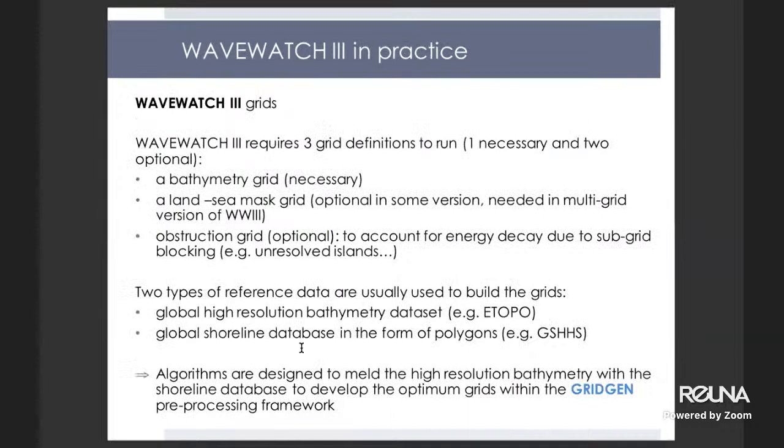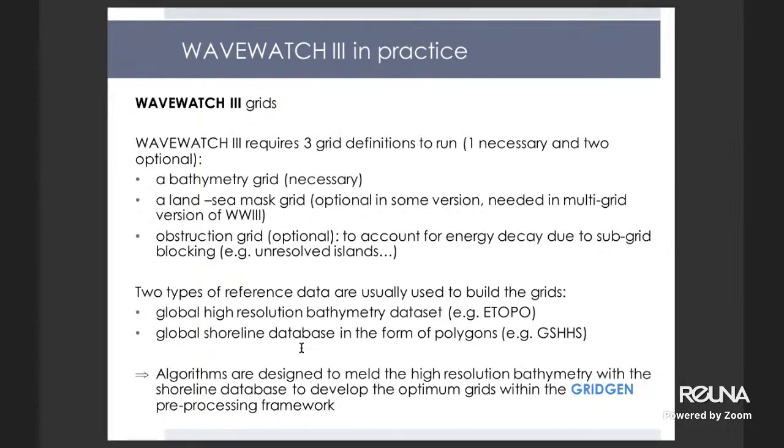To build these grids, Wavewatch requires 3 definitions: the bathymetry grid definition, the land-sea mask definition, and the obstruction grid. The obstruction grid is optional. It is made to account for energy decay due to subgrid blocking, for example, unresolved islands in your configuration.